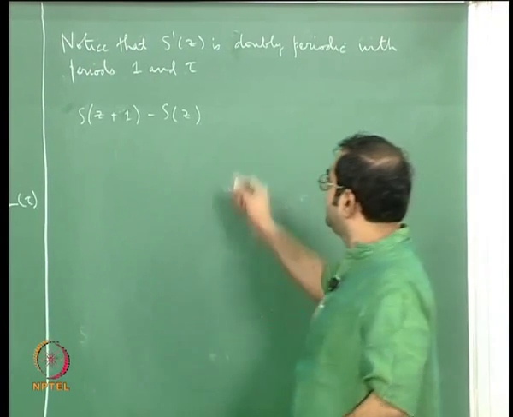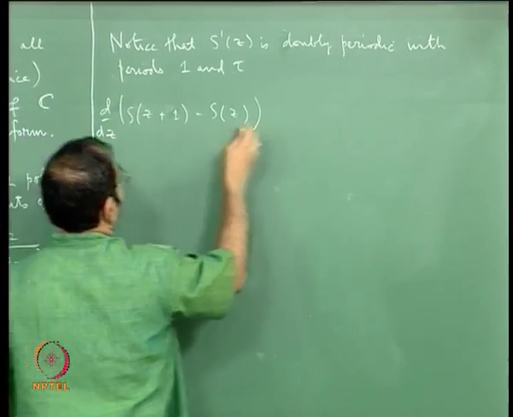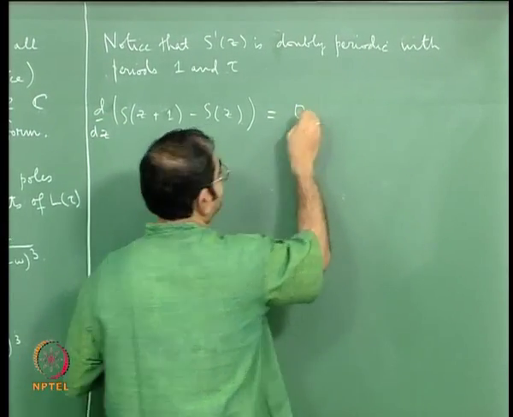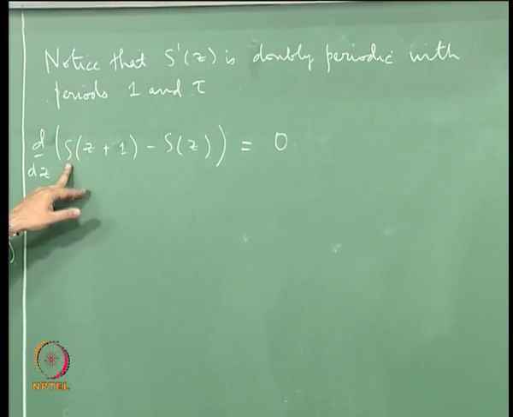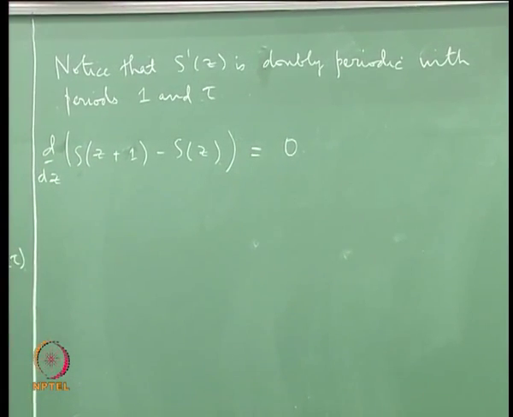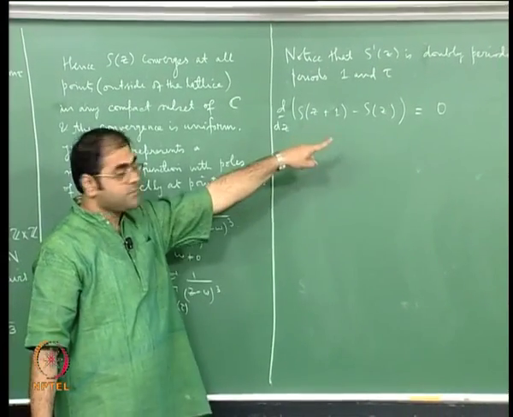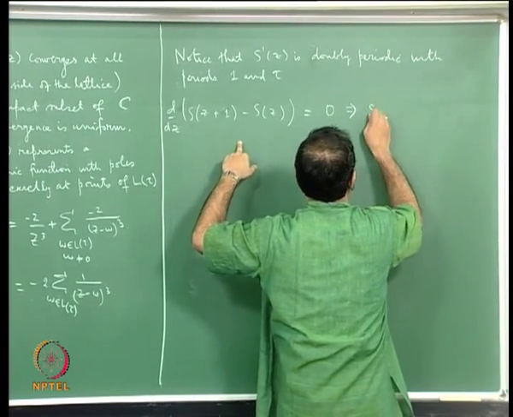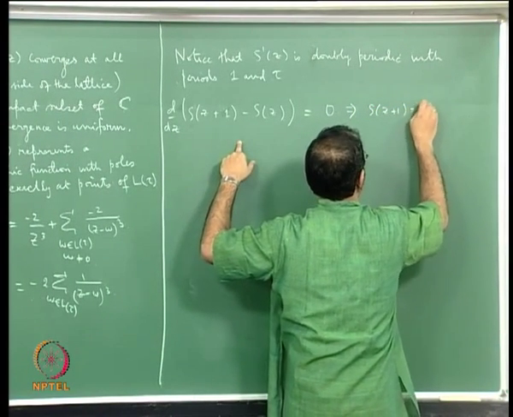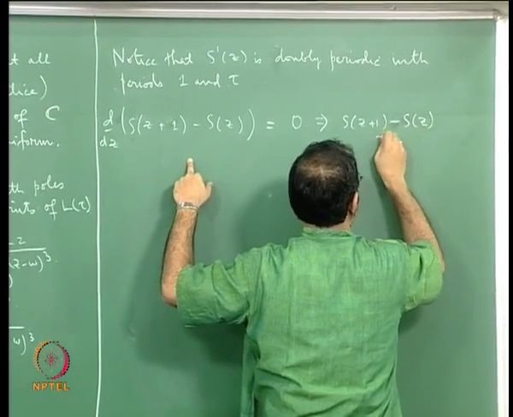I'll end up getting d by dz of this will be 0, because I will get S dash of z plus 1 minus S dash of z, but S dash has period 1 and tau, so this will be 0. So what this will tell you is that S of z plus 1 minus S of z is a constant.